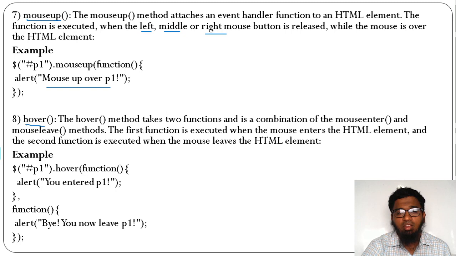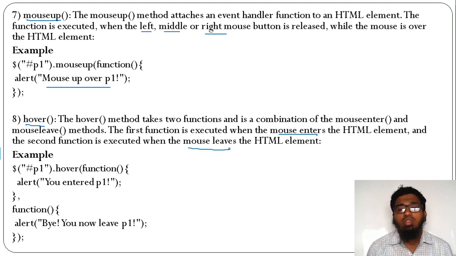So let's see this. It takes two functions and is a combination of the mouse enter and mouse leave methods. The first function is executed when the mouse enters the HTML element, and the second function is executed when the mouse leaves the HTML element.